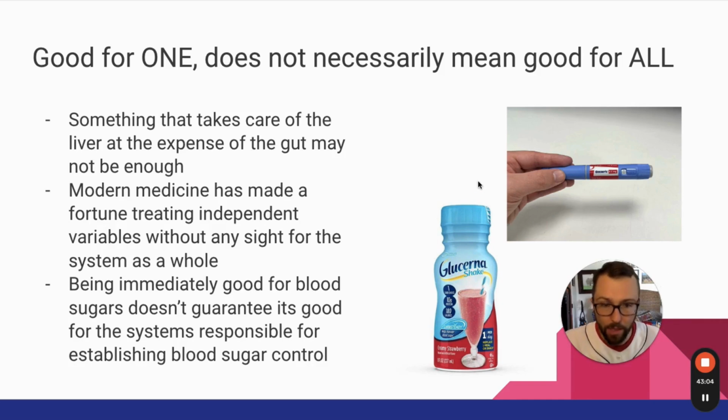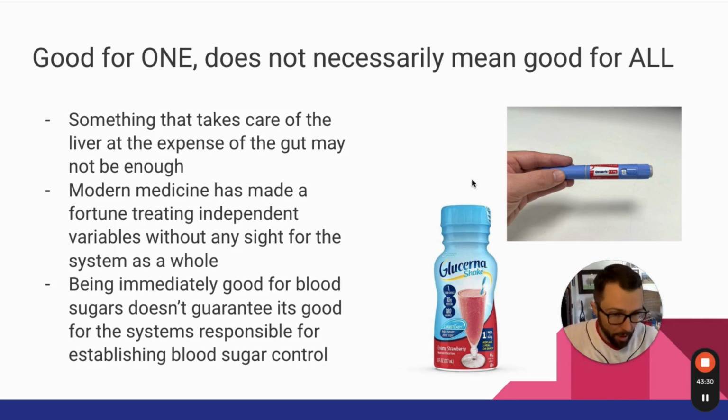So something that is good for one aspect of diabetes, let's say something that takes care of the liver, you could say metformin. Metformin has been used forever in diabetes. It's good because it stops the glycogen release from beta cells and keeps blood sugars from going too high on its own.